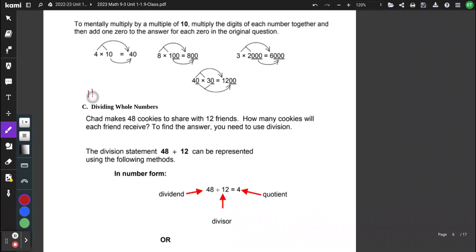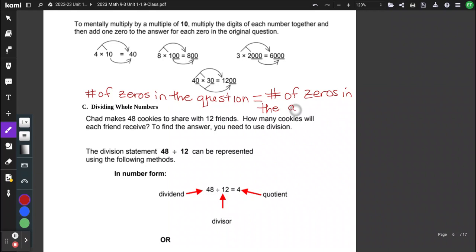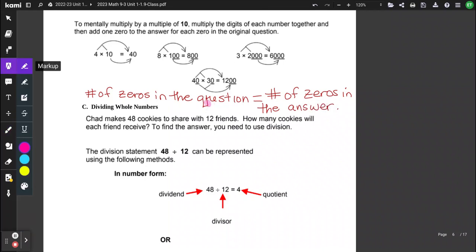So, the number of zeros in the question equals the number of zeros in the answer. Okay, so make sure you've got that part written down.